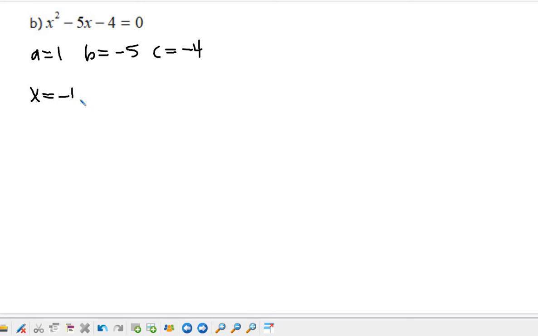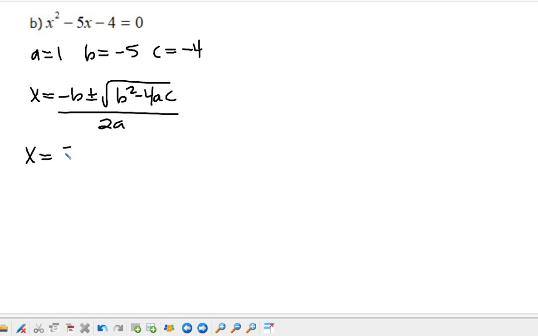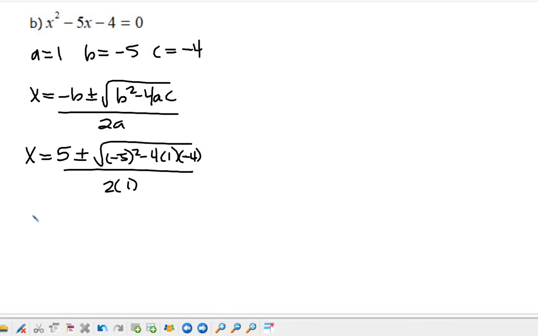So x is equal to the opposite of b plus or minus square root b squared minus 4ac all over 2a. So the opposite of b is a +5 plus or minus -5 squared minus 4ac all over 2 times a.